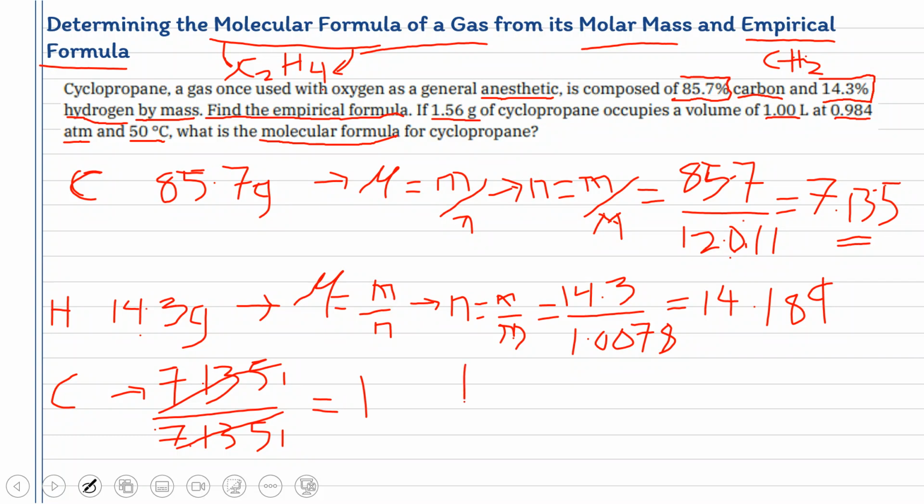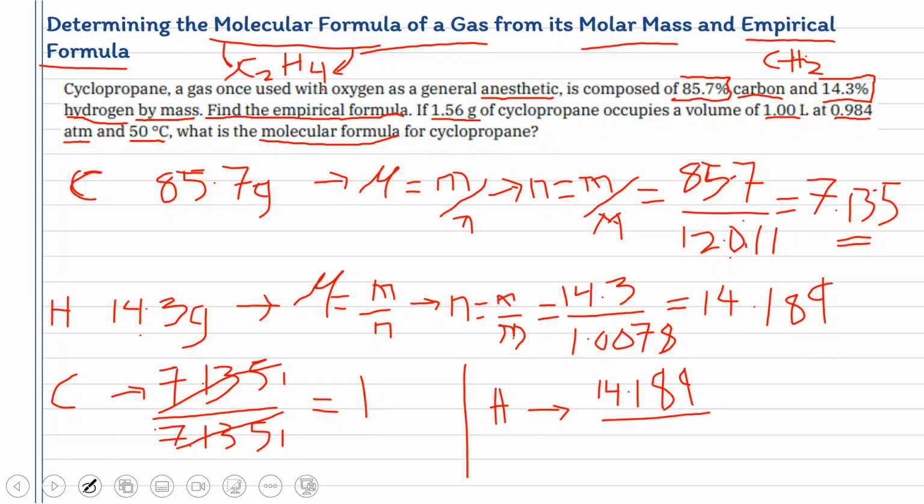Now let's do the same thing for hydrogen. Because hydrogen is the bigger number, we're going to divide the bigger number by the smaller number. For hydrogen, we're trying to find the ratio, and you're going to have this to be equal to 14.189 divided by what?